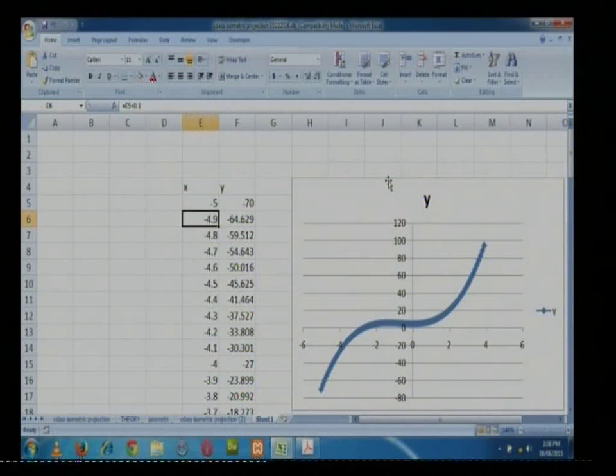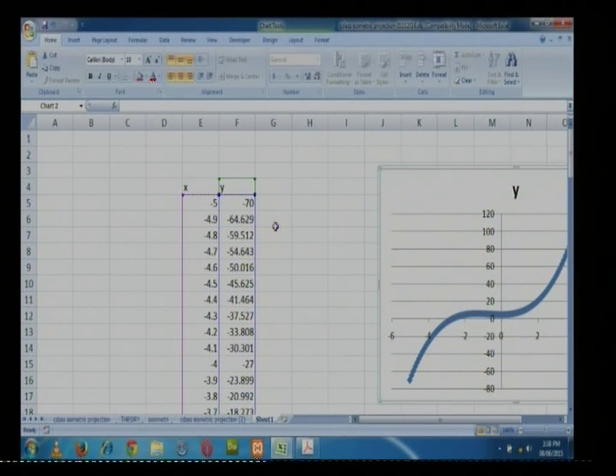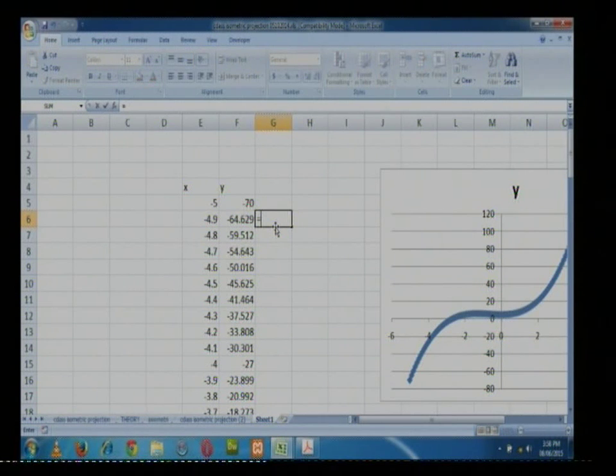Here we will do x2 minus x1. The formula is x2 minus x1. You also try this and copy this formula throughout.